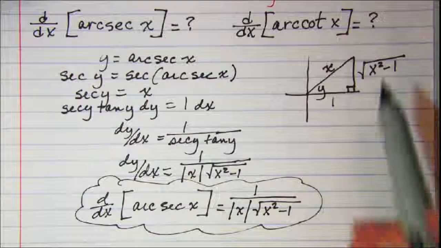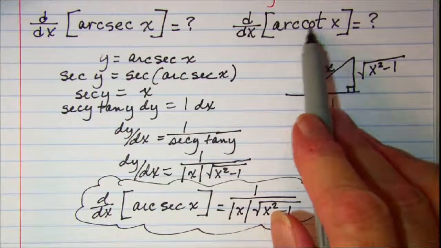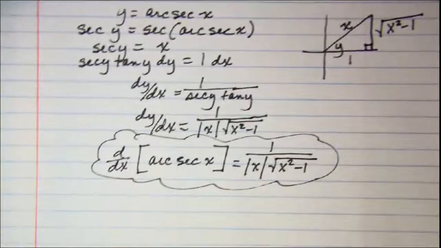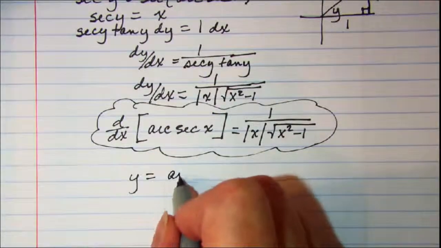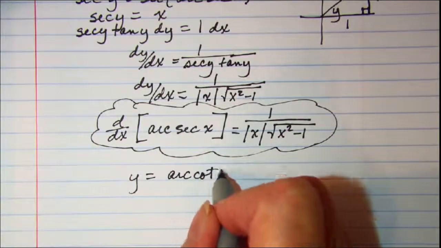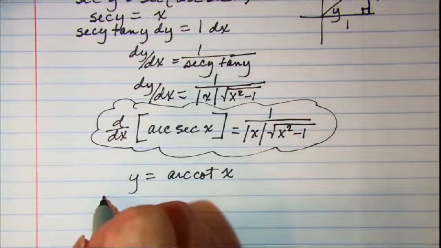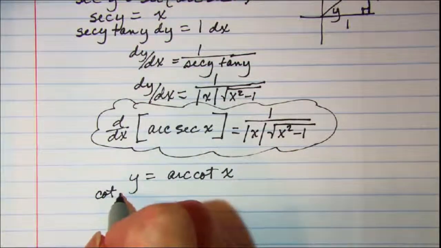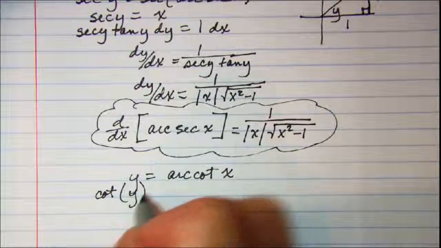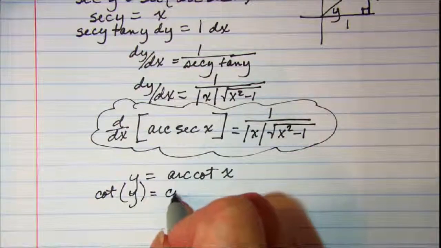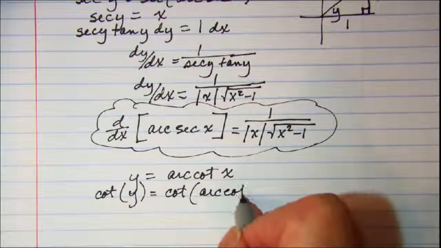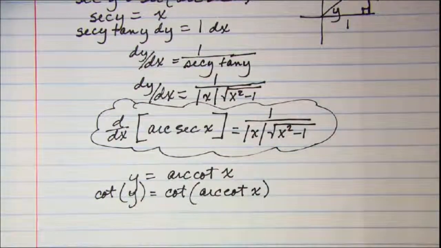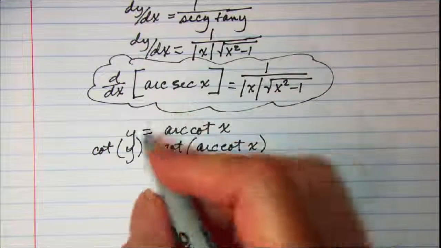Now let's find our derivative of the arccotangent x. We'll let y equal arccotangent x, and then we'll take the cotangent of both sides. And then simplify.